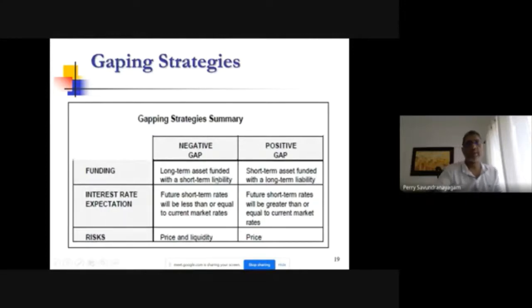So, for example, right now, if we were taking the view that we want to do a positive gap because somebody said interest rates should pick up in the future, and therefore you want to create a positive gap because you feel that interest rates will pick up in the future. Now, how do you do this? Is it easy to go and create short-term assets and get long-term liabilities? Practically speaking.